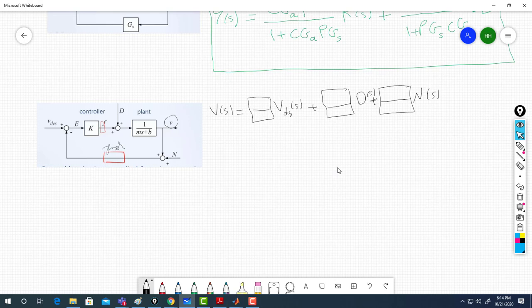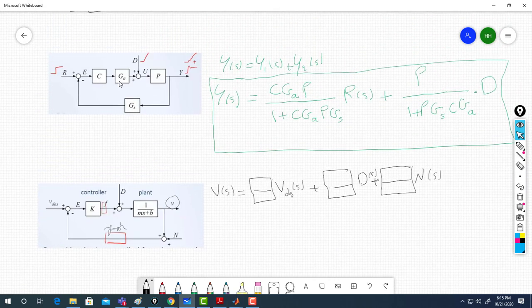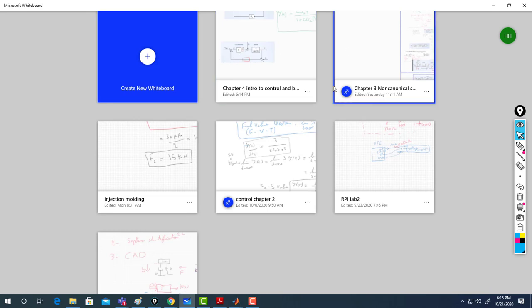Then that's my controller. Here I'm taking a value actually, so I'm not putting as in the previous one where I was putting CGA. Here I was putting K constant, and here is my plant 1 over ms plus b. If you remember the 1 over ms plus b, we did it previously.